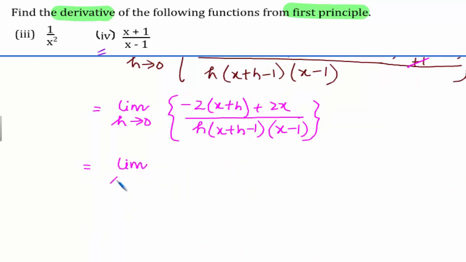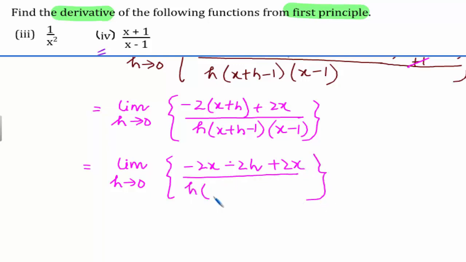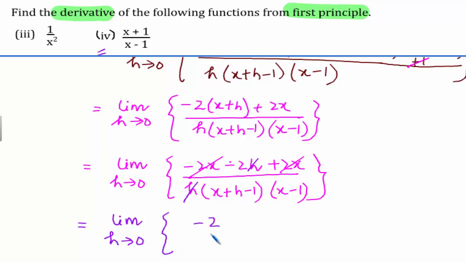In the numerator, on opening the brackets, we have minus 2x minus 2h plus 2x, whole divided by h into x plus h minus 1 into x minus 1. Now minus 2x plus 2x cancels out. Now cancelling h from the numerator and denominator, we have limit as h tends to 0, minus 2 divided by x plus h minus 1 into x minus 1.